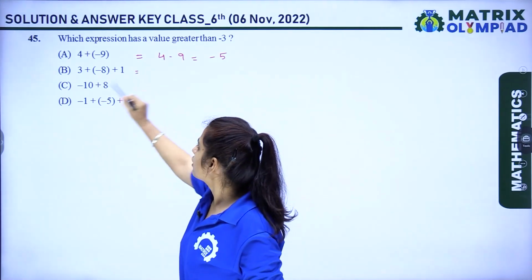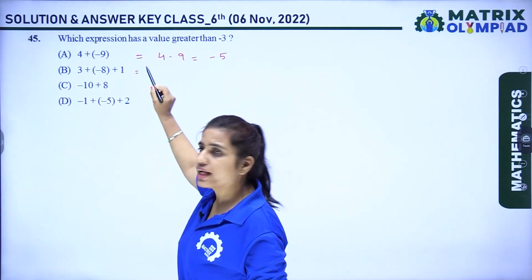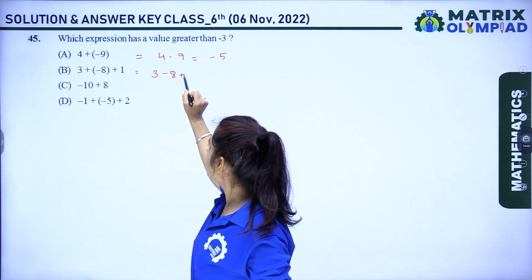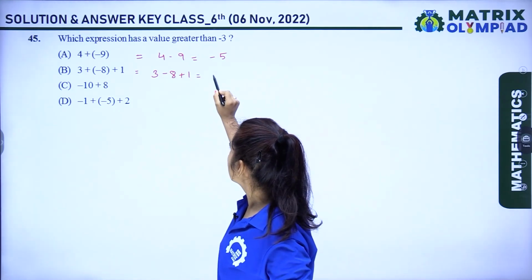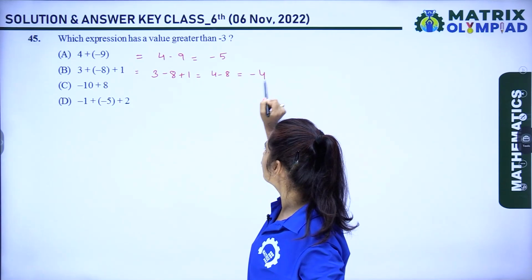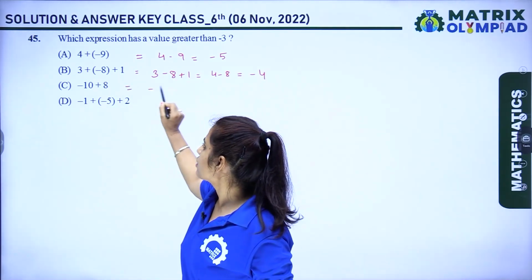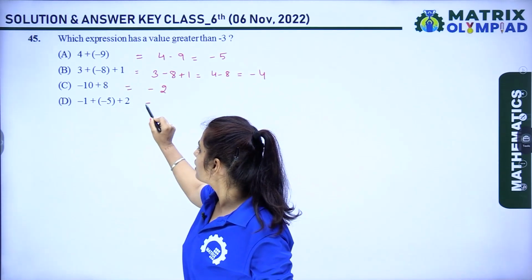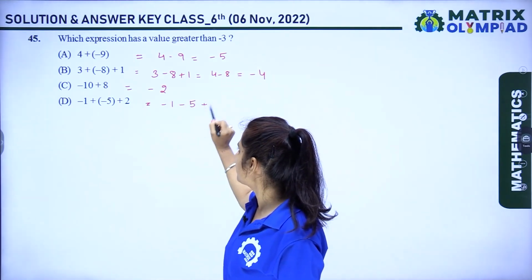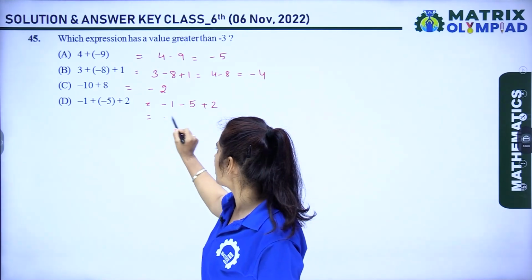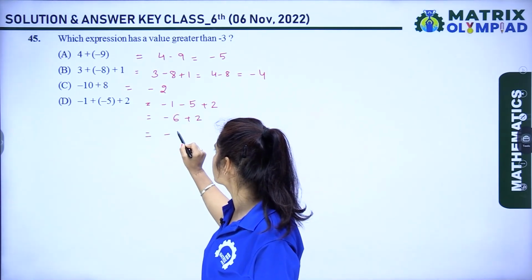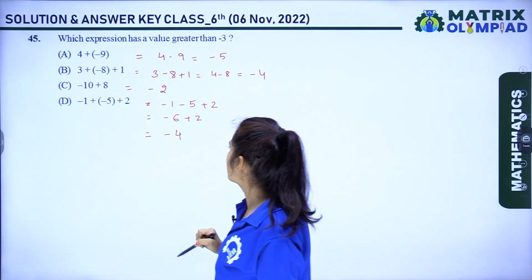Next is 3 plus -8. So here we write 3 minus 8 plus 1, which means we get 4 minus 8, which is equal to -4. The next one is -2. The last option is -1 minus 5 plus 2, which gives -6 plus 2, that is equal to -4.